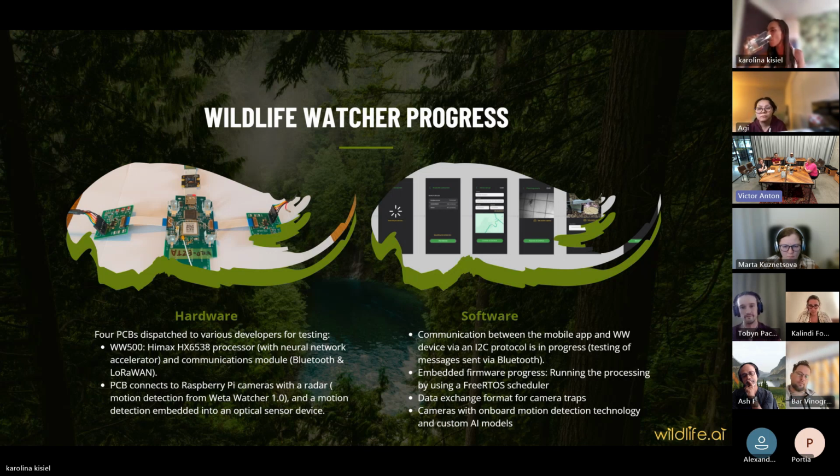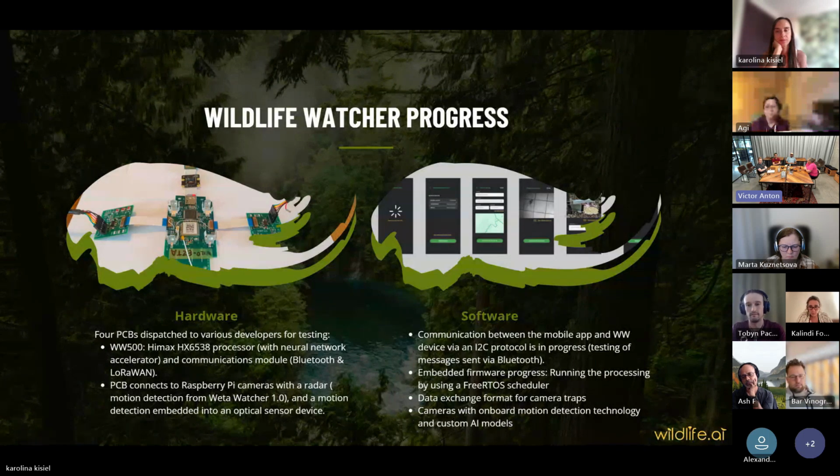So one of the main things was for us to be able to develop a system where we can actually test different things on the field. For that, we needed to have a new PCB, or printed circuit board. Charles has designed that, has printed that one, and we have 5 working PCBs at the moment.